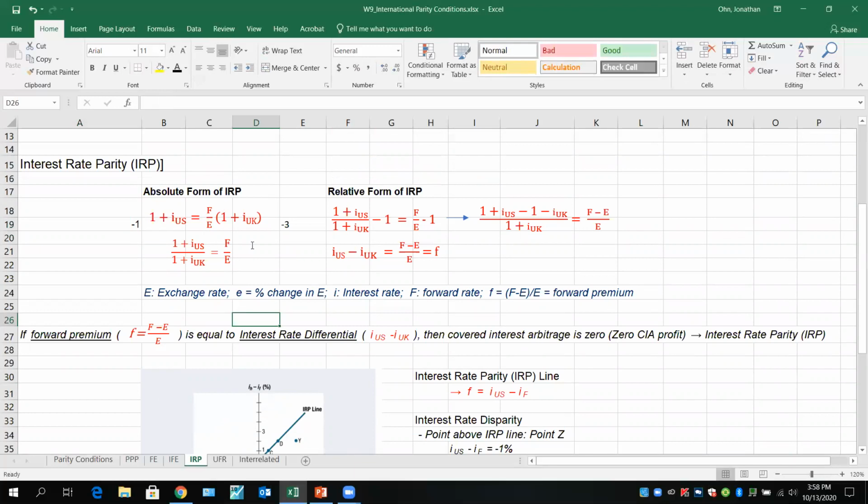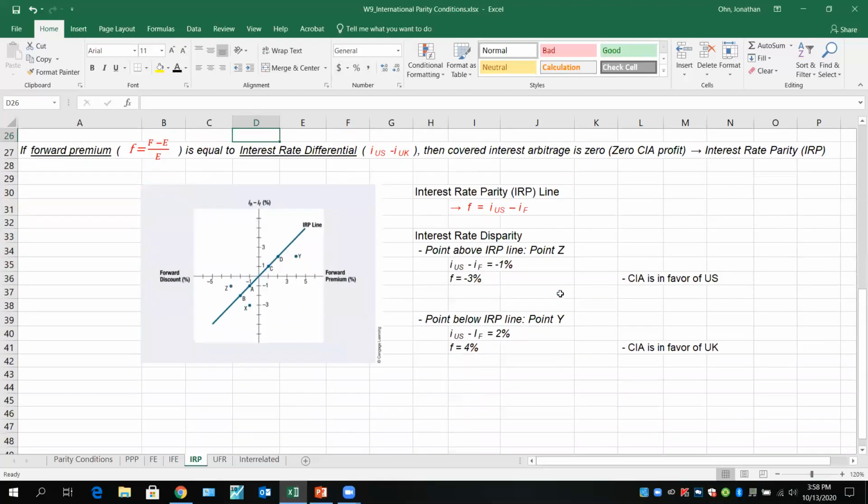This one is much lower right now, and this one is much higher. So what movement will increase this portion to -1? Either the forward rate increases or the spot rate decreases, or both, until these two are equalized.